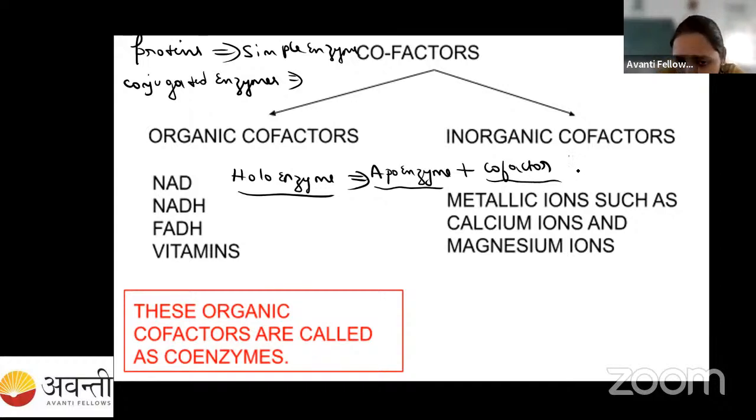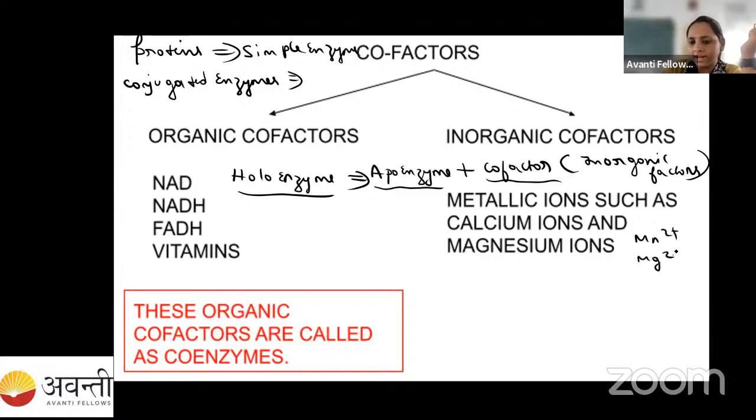Here, the cofactor means inorganic factors. What are the inorganic factors, students? For example, if the enzyme has Mn2+ or Mg2+, these are all inorganic components, right? So the apoenzyme protein part plus Mn2+ or Mg2+, we call it a conjugated enzyme.